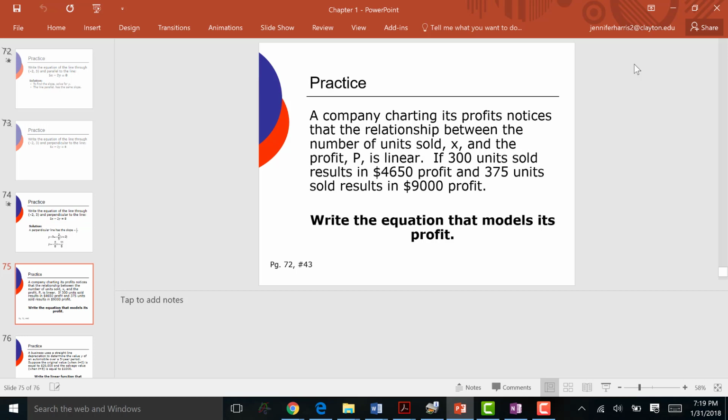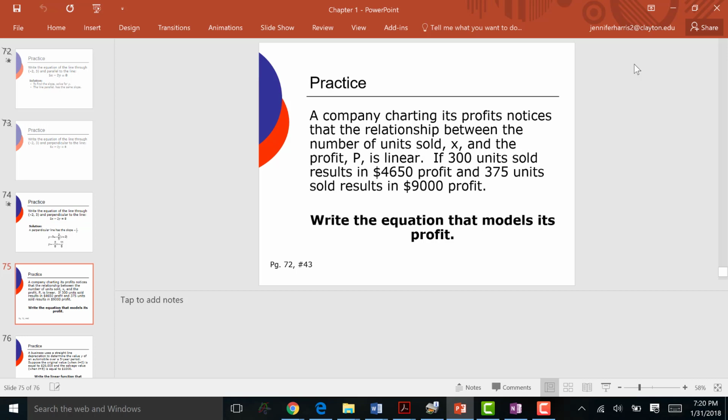Negative 17,400 plus 4,650 is negative. Is that 12,750? That is the equation for that data, for that word problem.